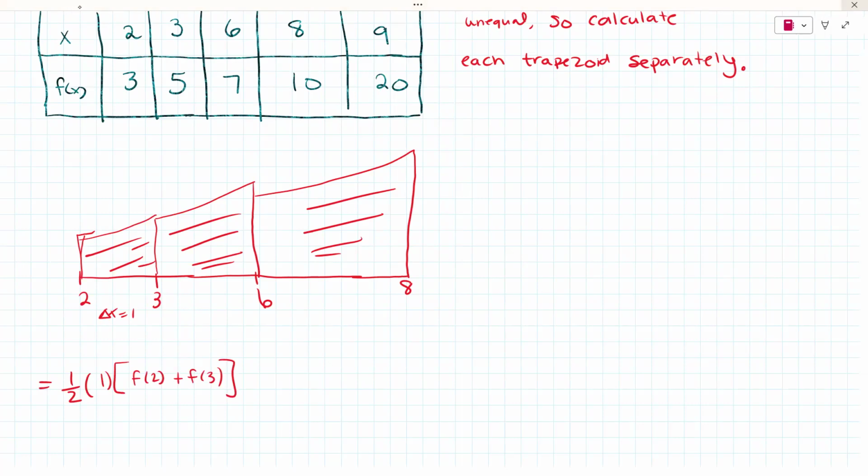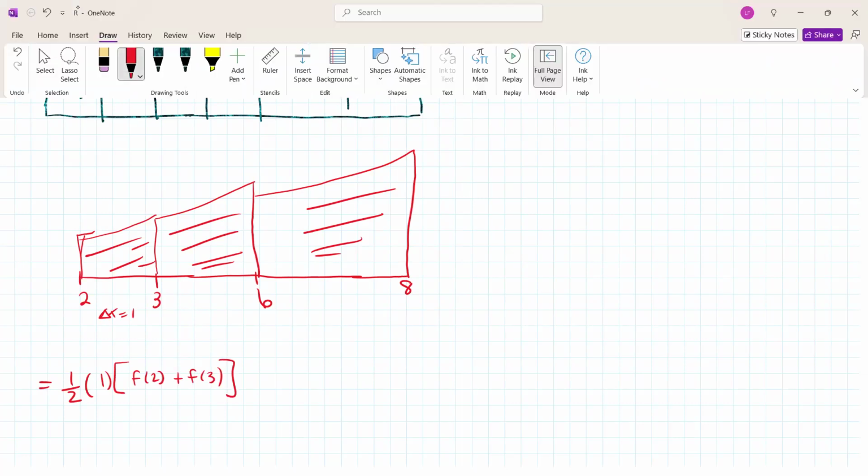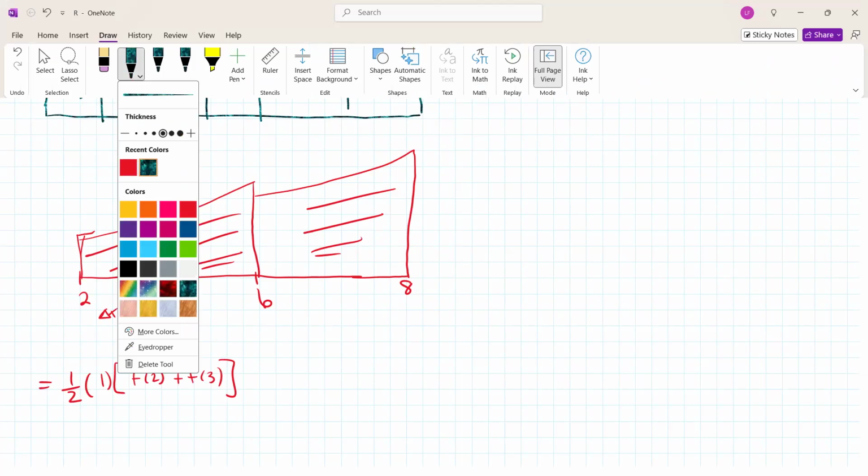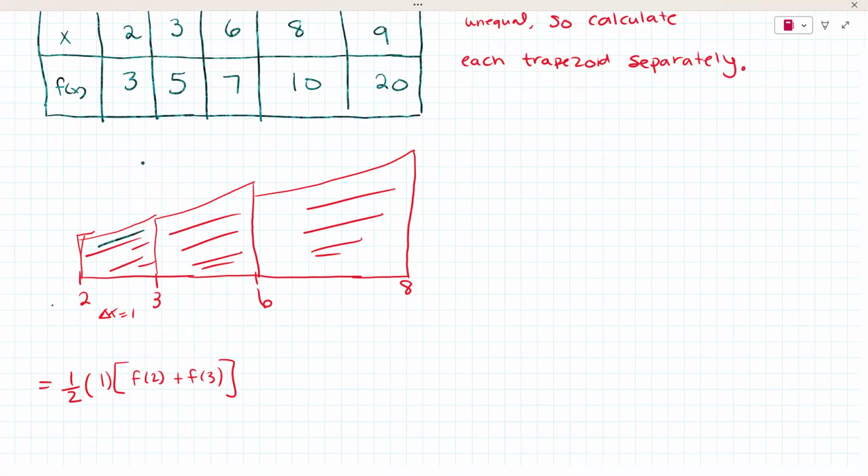Okay, so that's just one area of the trapezoid. Let me use a different color. So what I mean is you're just finding the area of this trapezoid right here. Now let's do the other one, this one right here. So it's going to be 1/2. What is my delta x from 3 to 6? The distance from 3 to 6 is 3. And we got to find f of 3 and f of 6.